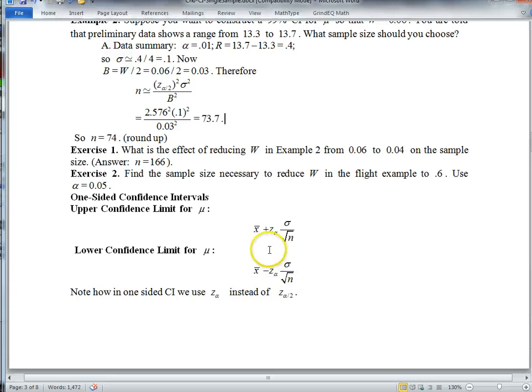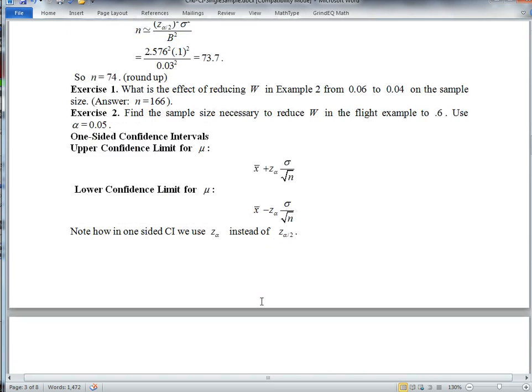In that case, for the upper confidence bound, you put all your error alpha in one tail instead of dividing it into two tails. So that would be x bar plus z alpha sigma over square root of n. If you want only the lower bound, it's x bar minus z alpha sigma over square root of n. Note that we use z alpha, not alpha over 2, in this case.